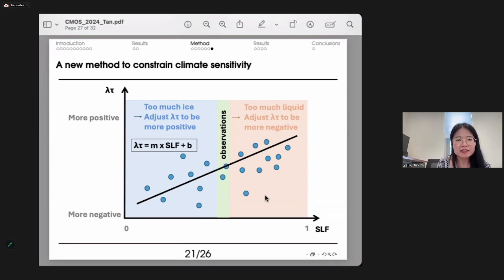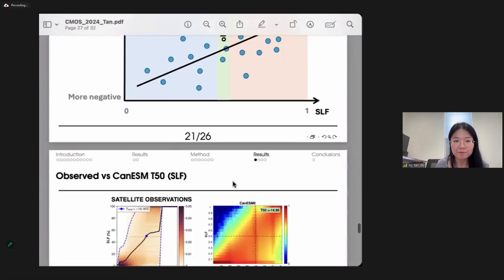All of the Earth system models to the right of the green shaded region, in the orange shading, have too much liquid in their mixed phase clouds. The emergent constraint method would rule out all of the Earth system models outside of this green shaded region, so it would only keep 2 of these models, whereas our method takes each individual Earth system model and adjusts its ECS value to a new value that accounts for corrections to biases in lambda sub tau.